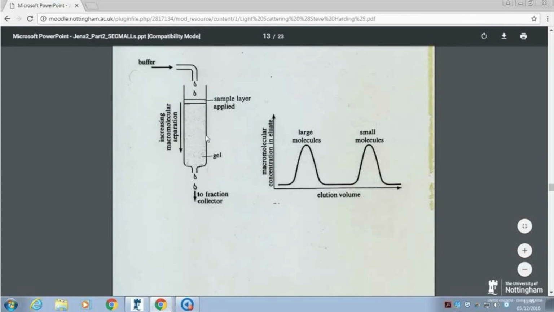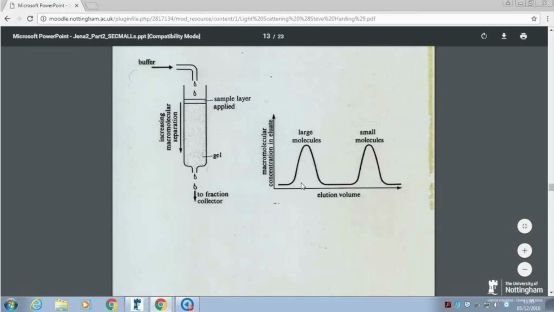Then you apply a sample, which is dissolved in the buffer, and the sample macromolecule is washed through the gel to a fraction collector, which records the molecules appearing at this end.